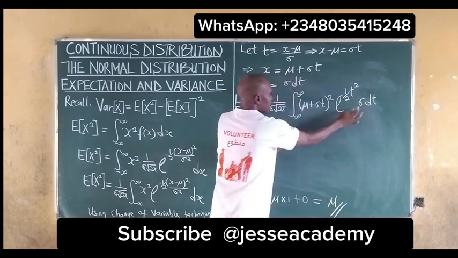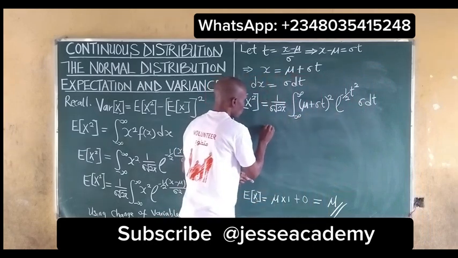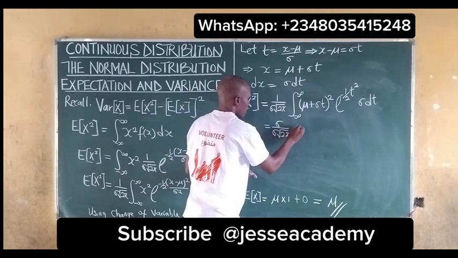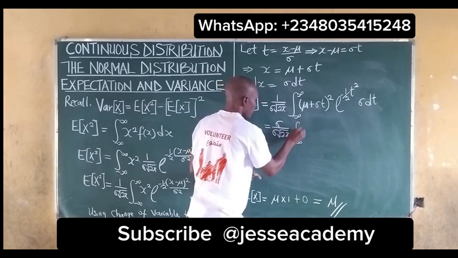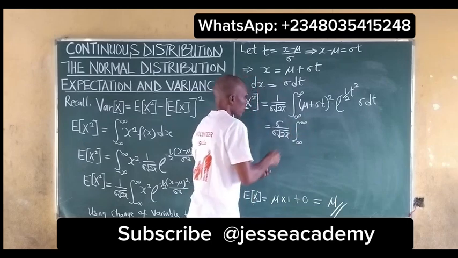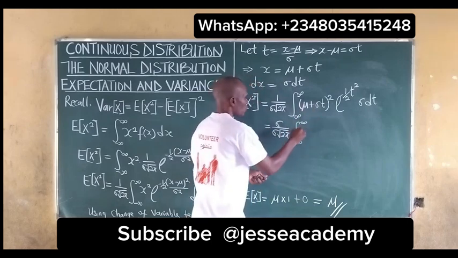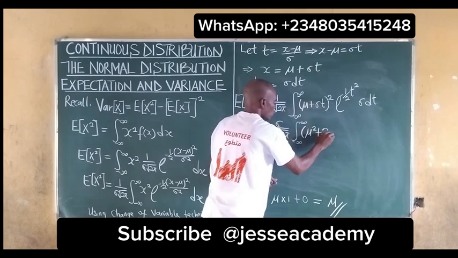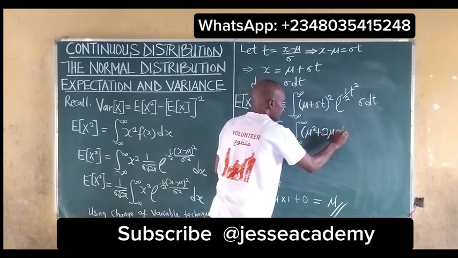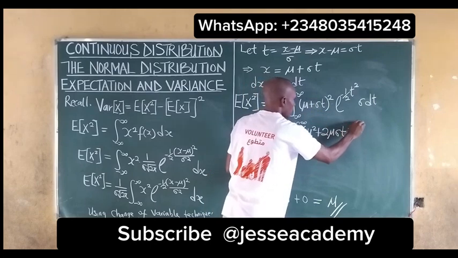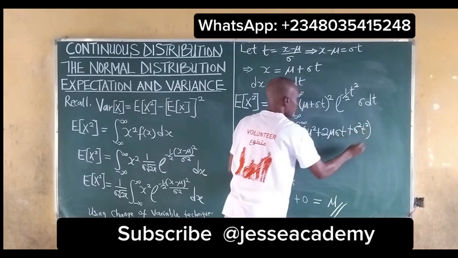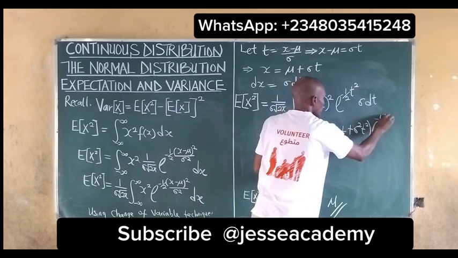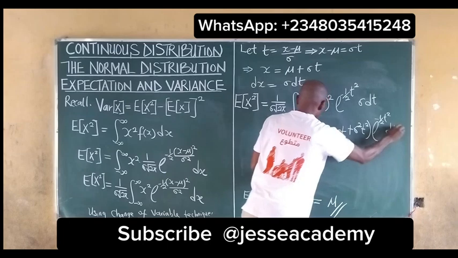Of course, this sigma can cancel this. That means we'll have it as sigma all over sigma square root of 2 pi, the integral from negative infinity to infinity. We can also expand this, from the quadratic expansion, to give us mu squared plus 2 mu sigma t plus sigma squared t squared, into exponential negative 1 all over 2 t squared dt.